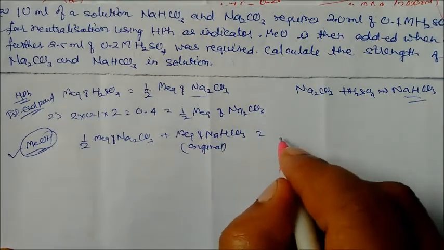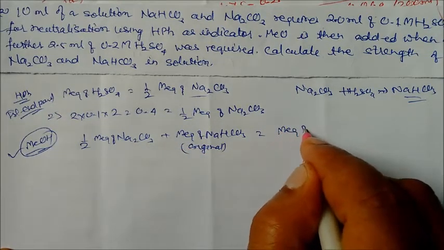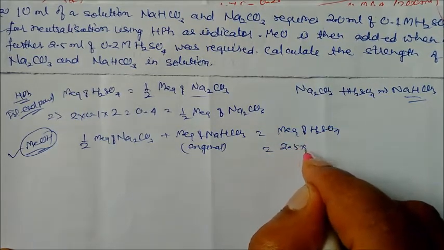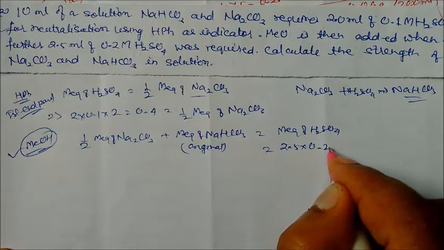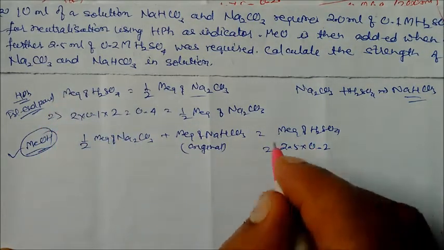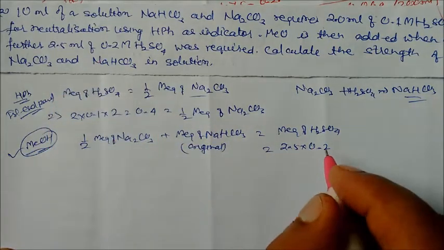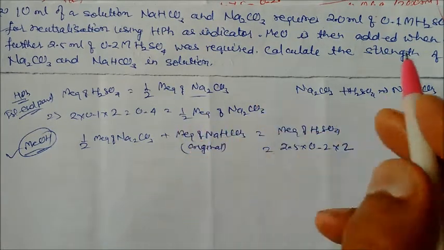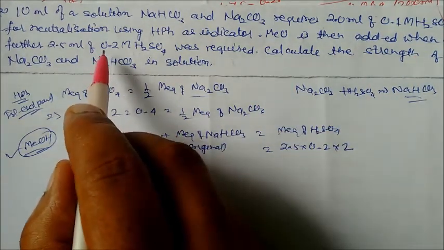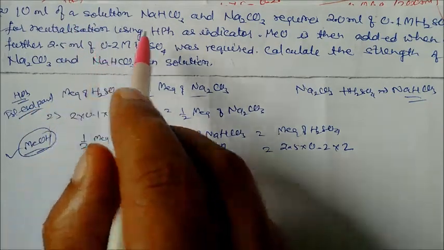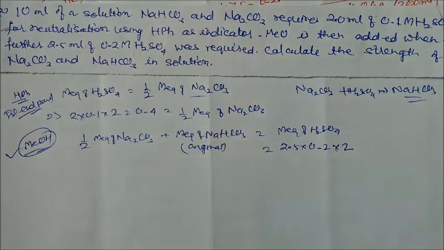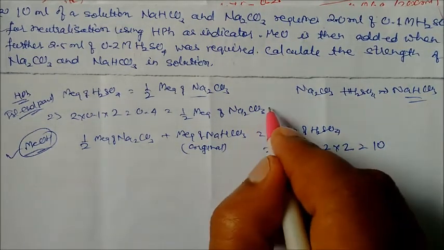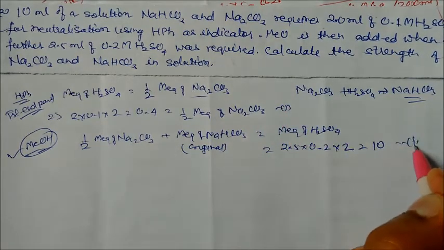So it will be equal to milliequivalent of H2SO4, which is nothing but 2.5 into 0.2 into 2. So this will be your answer, that is 10. And the first is 2 ml into 0.1 molarity, so this will be 0.2. So here our first equation is 1, and the second equation is 2.